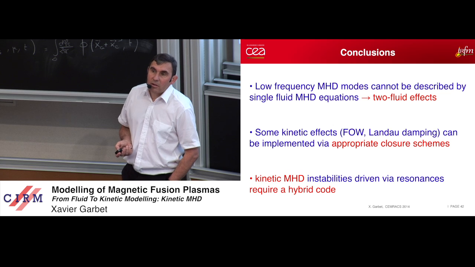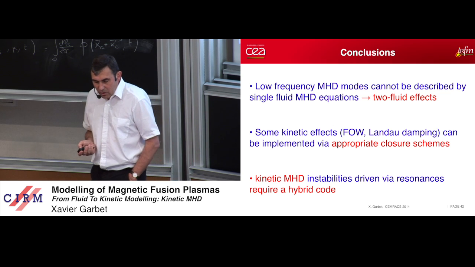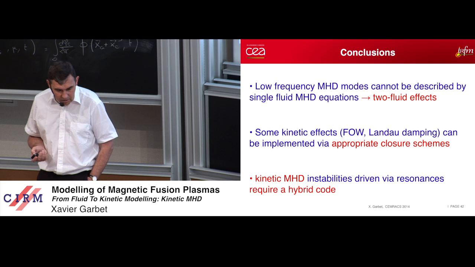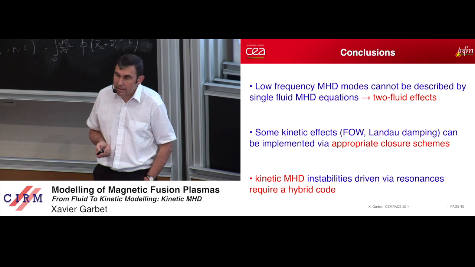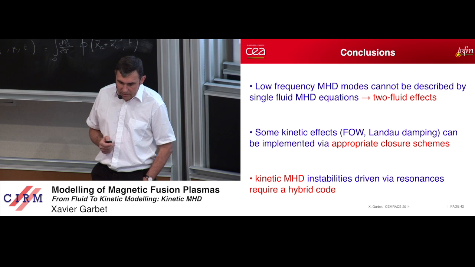Some also tried full kinetic, I think in Japan, but that's difficult. Hybrid codes can be handled, except that there is the difficulty of writing the equations correctly, especially for the gyrokinetic part, but also the equation ordering, which can be broken in some cases.